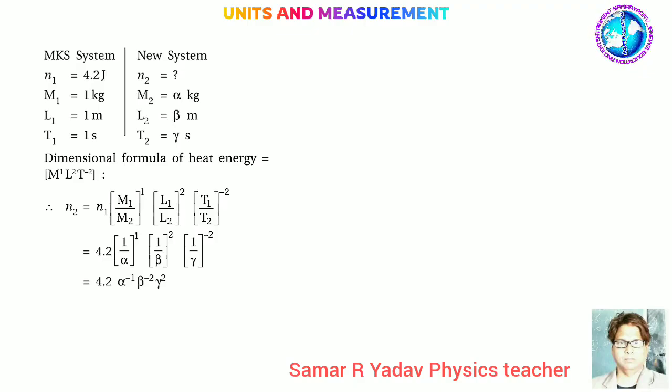Therefore, N2 is equal to N1 [M1 upon M2] raised to 1, [L1 upon L2] whole square, and [T1 upon T2] raised to minus 2, which is equal to 4.2 [1 upon alpha] raised to 1, [1 upon beta] raised to 2, and [1 upon gamma] raised to minus 2, which is equal to 4.2 alpha raised to minus 1, beta raised to minus 2, gamma raised to 2.